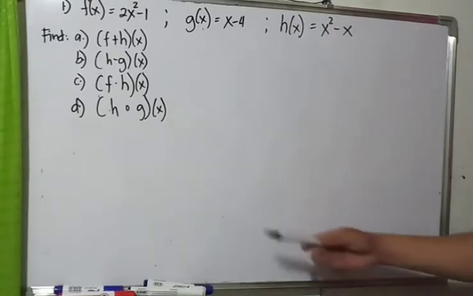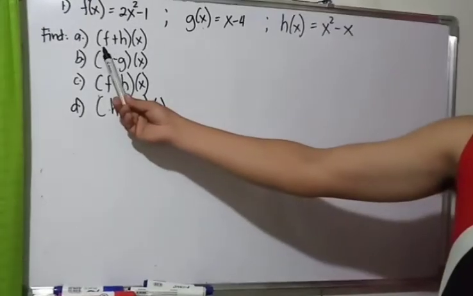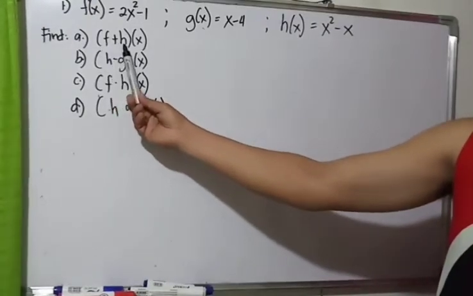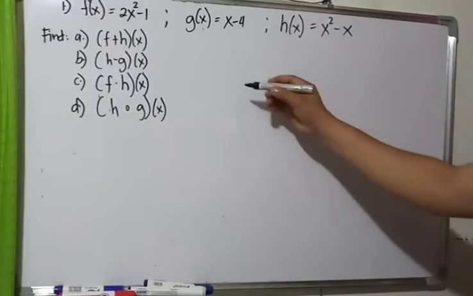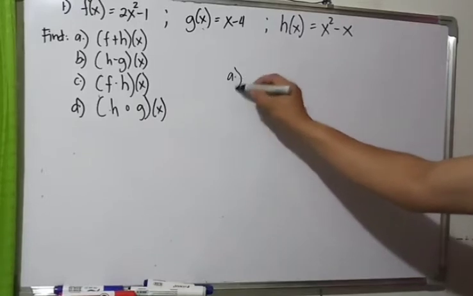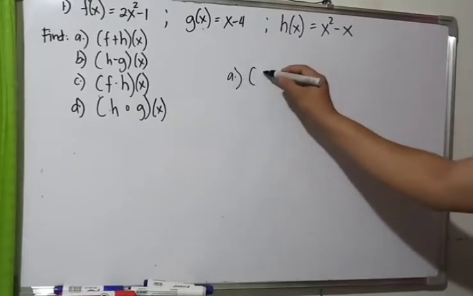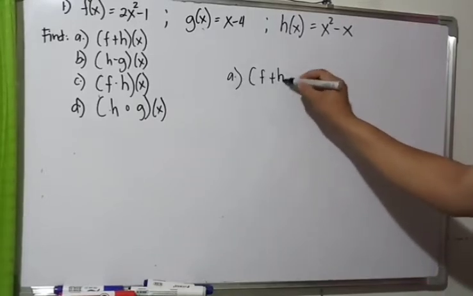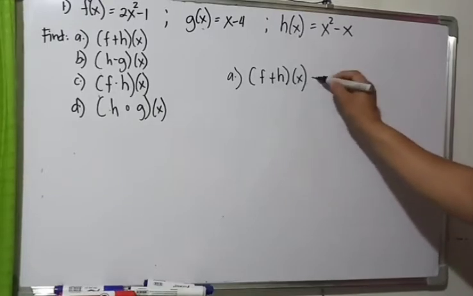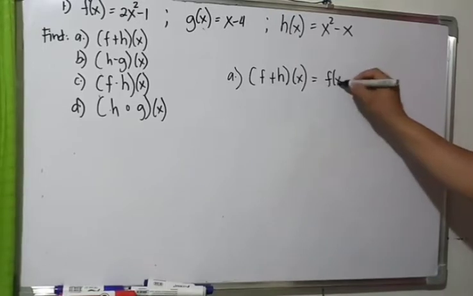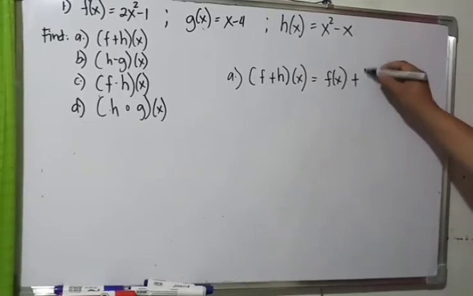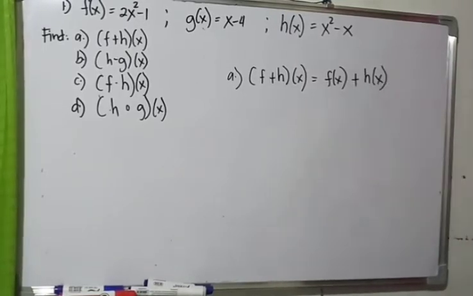So based on this formula, the quantity of f plus h times x, that is sum. So formula is letter A, the quantity of f plus h times x equals, distribute lang natin yung x, that is f of x plus h of x.